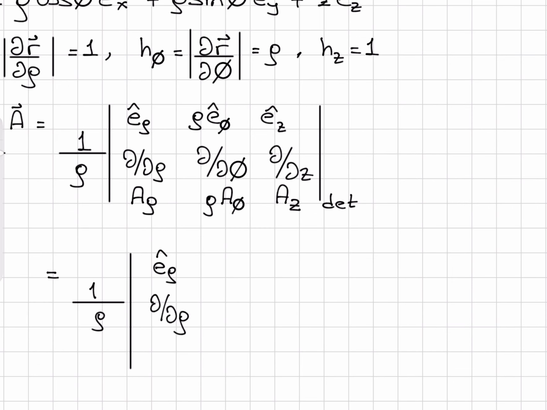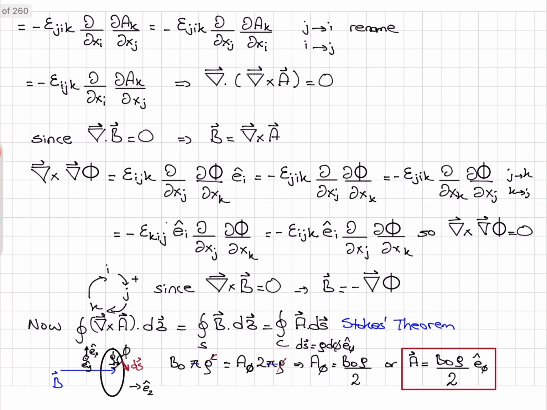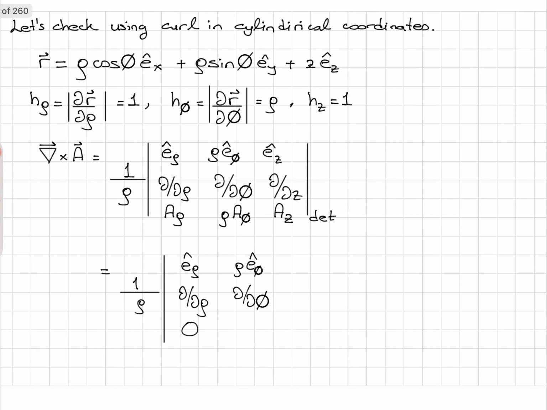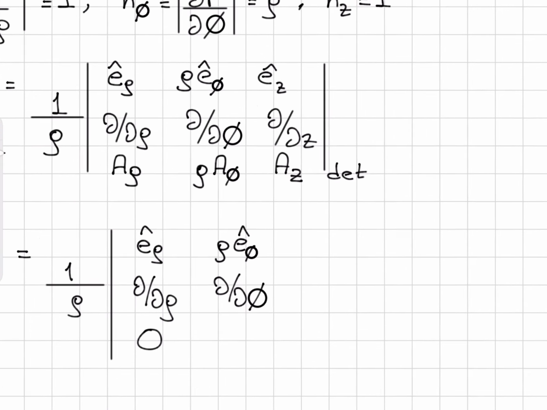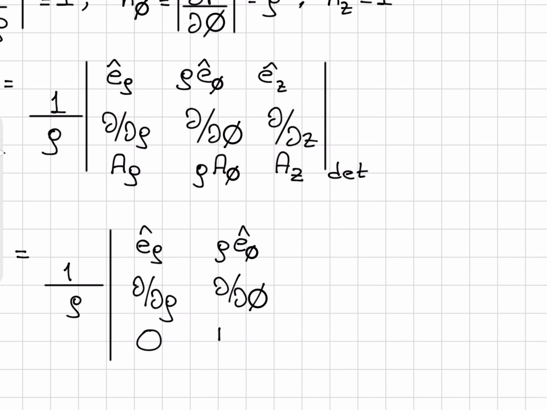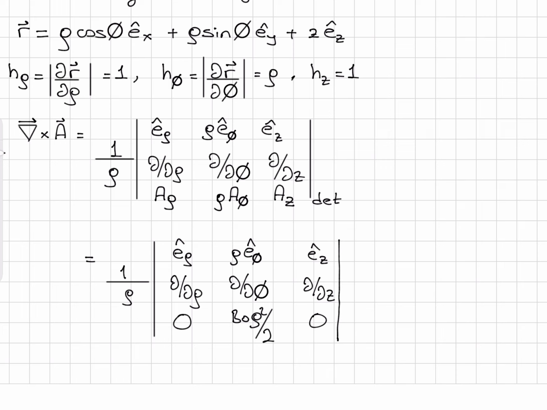Then I have h phi, which is rho e phi hat, del phi, A phi. Now what is the phi component of A? B0 rho over 2. And that has to be multiplied with rho. So I'm going to get B0 rho squared over 2. And then I have ez hat, del z, and A z is simply equal to 0. So we have to take this determinant.